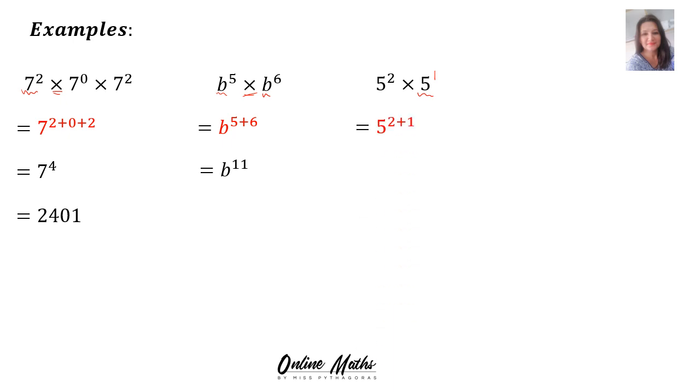So it's 5 to the 2 plus 1, which is 5 to the 3, which is 125, not 15. x to the 4 times x to the 8. Bases are the same, we multiply, therefore we add exponents. So we write an x, and then on the exponents 4 plus 8 is 12. So the answer, x to the 12.